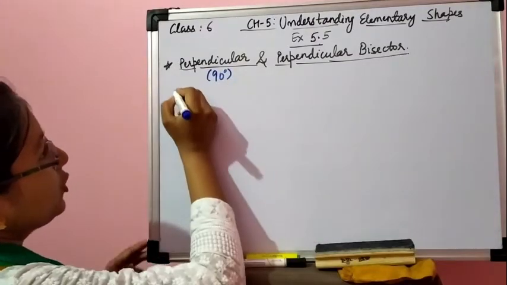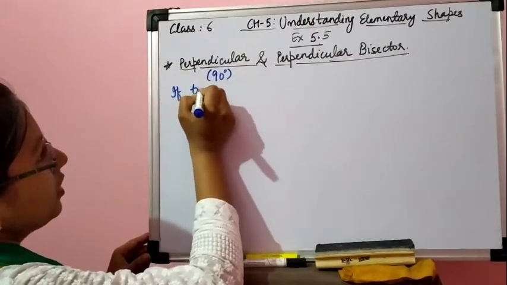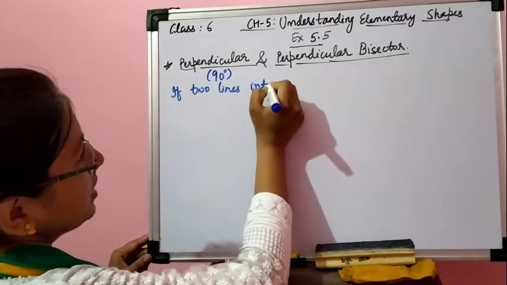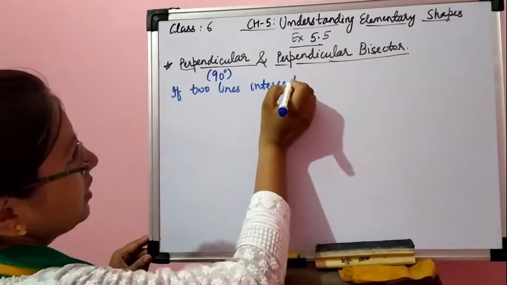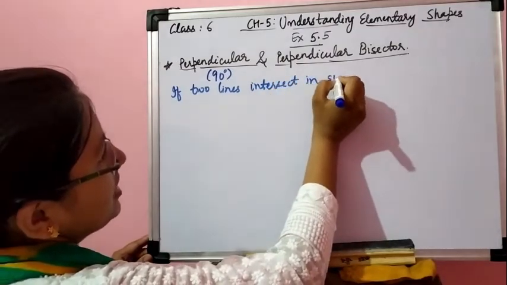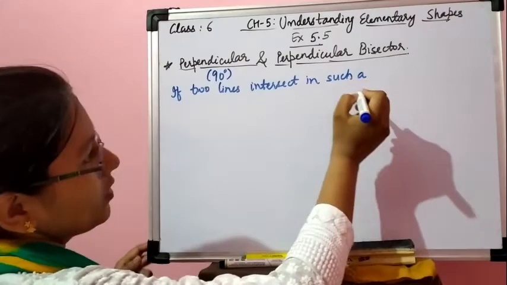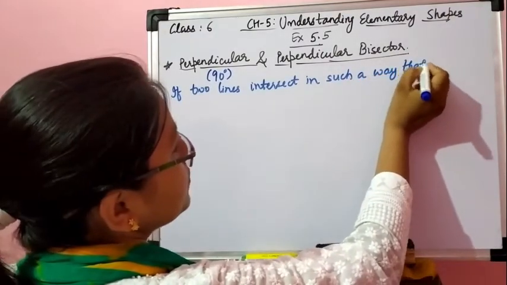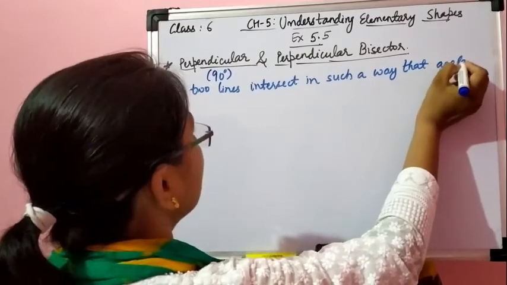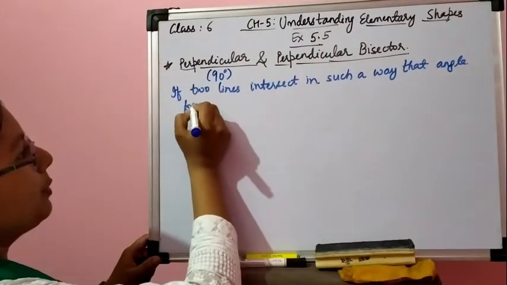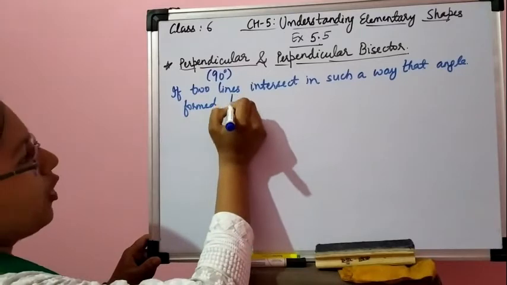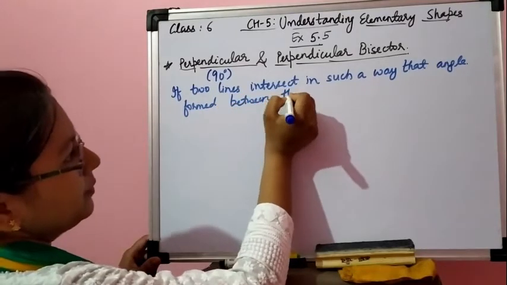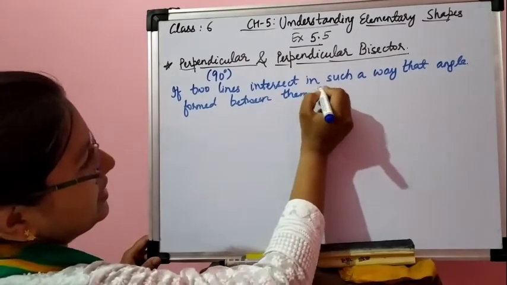It means if two lines intersect in such a way that the angle formed between them is 90 degree.